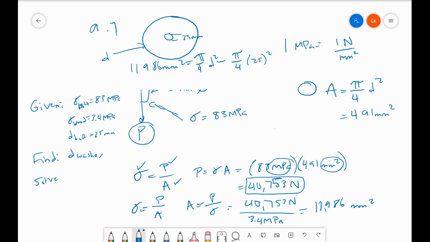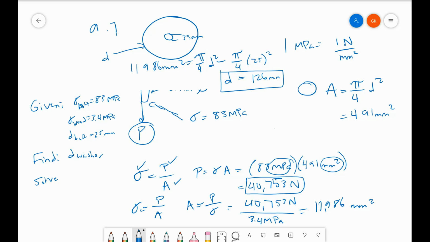If I then solve for this, the diameter is going to be equal to 126 millimeters, which is about 5 inches wide. That's a big washer. But if you think about it, the bolt itself was an inch thick, so it makes sense. Okay, with that we've solved.